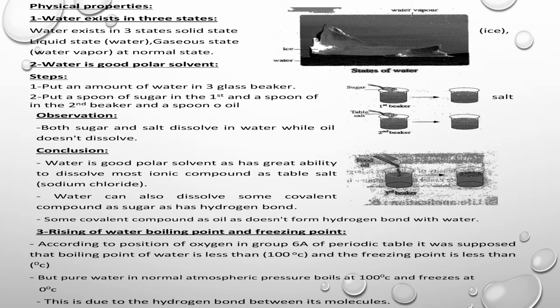While pure water at normal pressure boils at 100 degrees Celsius and freezes at 0. Why? Due to the presence of hydrogen bonds between molecules. We said that hydrogen bond is responsible for abnormal properties of water.